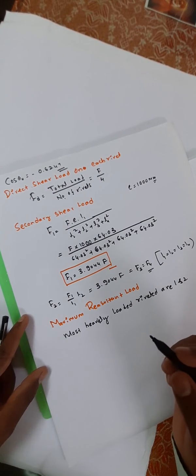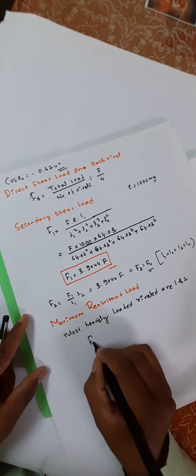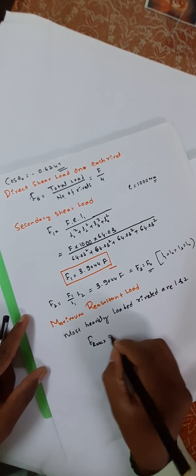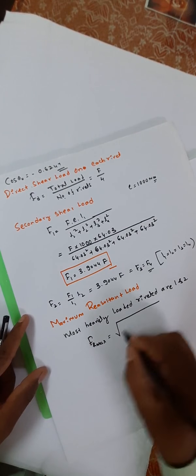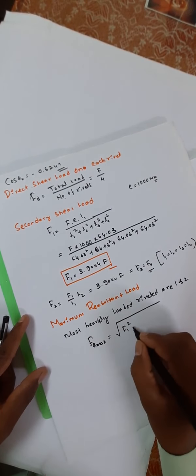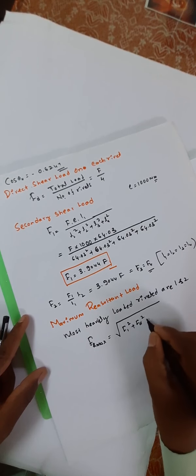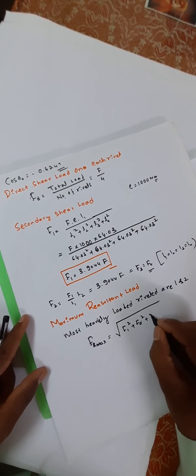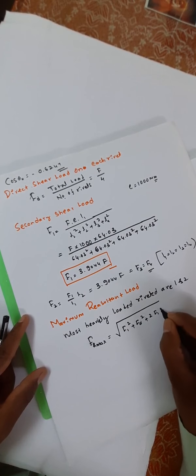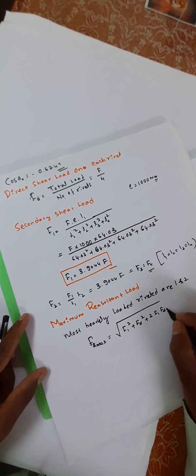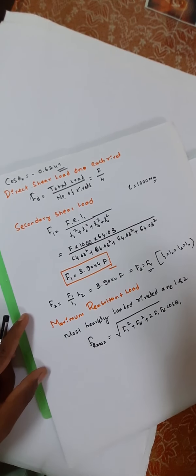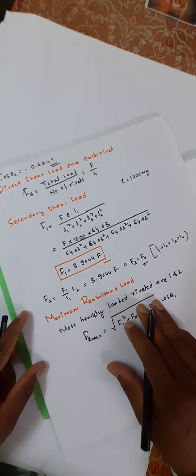So Fr maximum is equal to square root of F1 square plus Fd square plus 2 into F1 Fd cos theta 1.